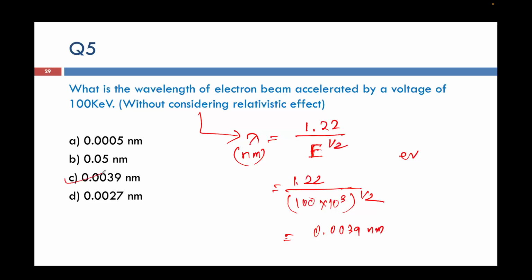Yes, so this is the value that is coming, which is equal to 3.9 picometer, close to 4 picometer. This is the wavelength of the electron when you are accelerating the electron at 100 keV. So this is what we generally get.